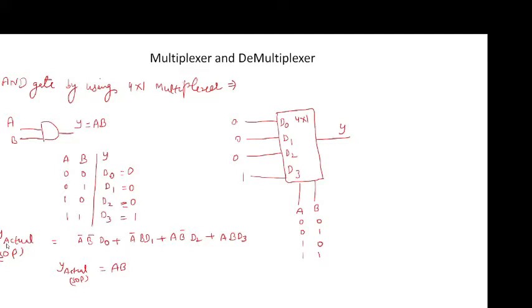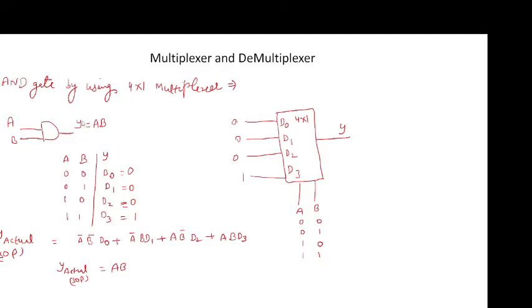You know that we write the actual output in SOP form, so it will be A bar B bar D0 plus A bar B D1 plus A B bar D2 plus AB D3.